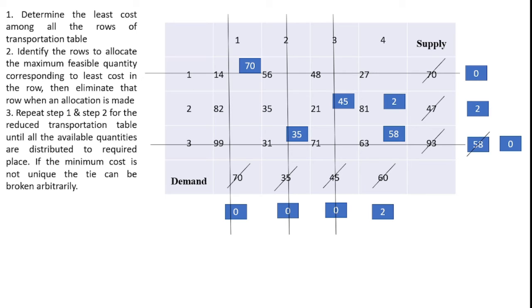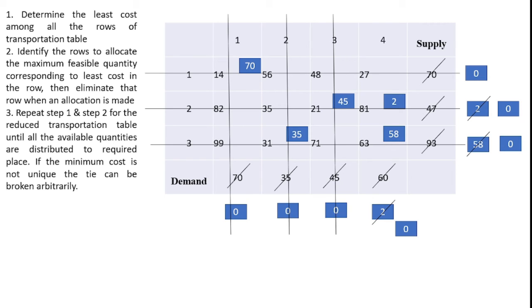After that the pending balance supply of 2 is available in the second row, so I allocate it to the balance cell with cost 81, the least cost available in the balance table. Here I allocate 2 as the resource. From this that 2 becomes 0, and column-wise also 0, so all the elements are eliminated from the table.